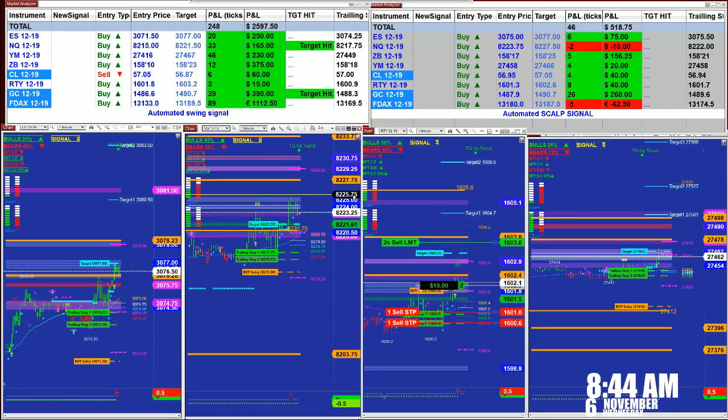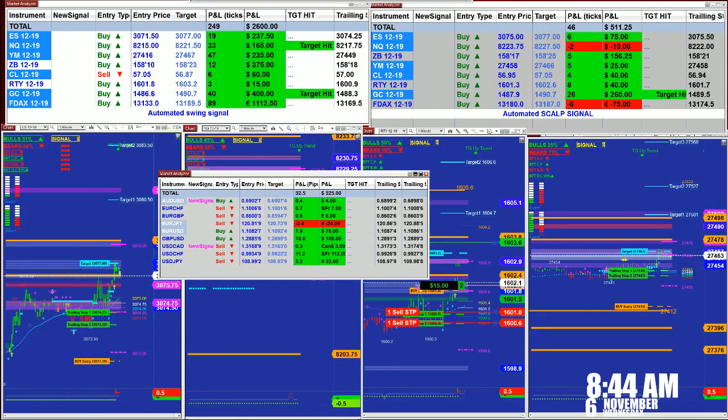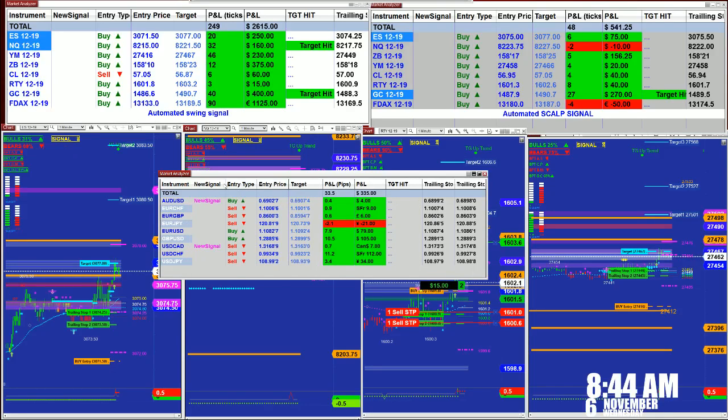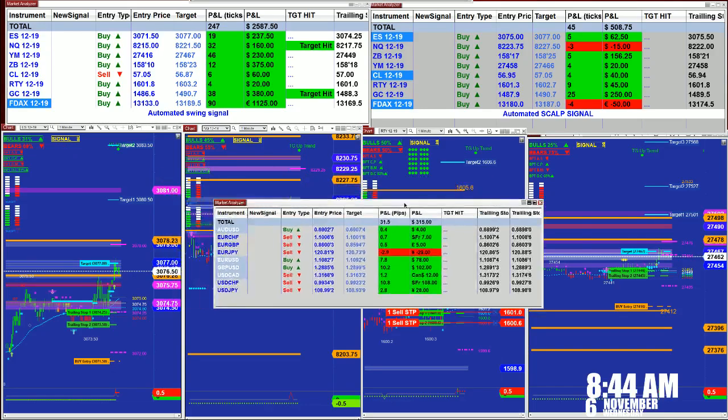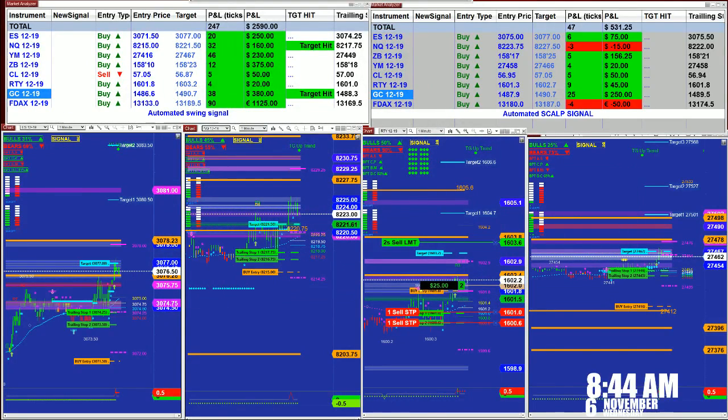Not a problem, but it is a key level. Also on the Forex it is the same story, or stocks. As you see here, there is a new signal on the Forex. Right now we just started the Forex, so there are 31 pips of profit on the Forex.